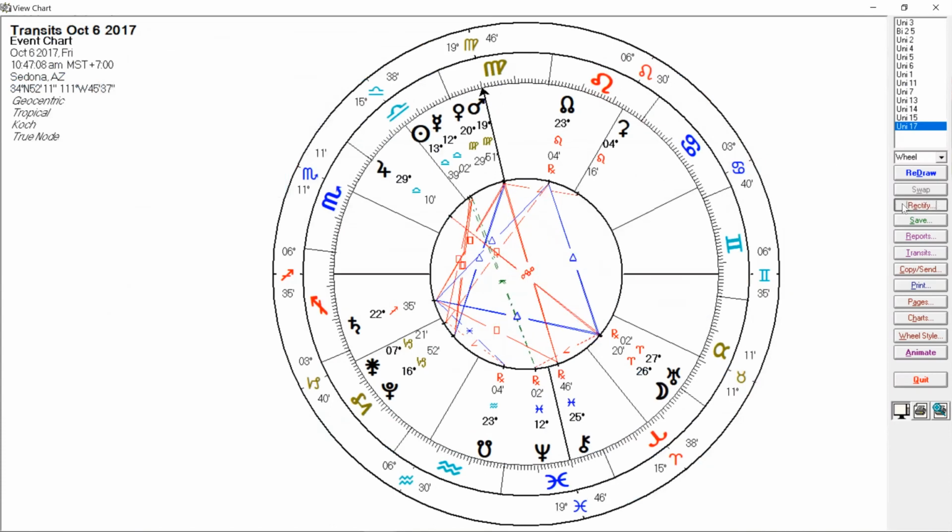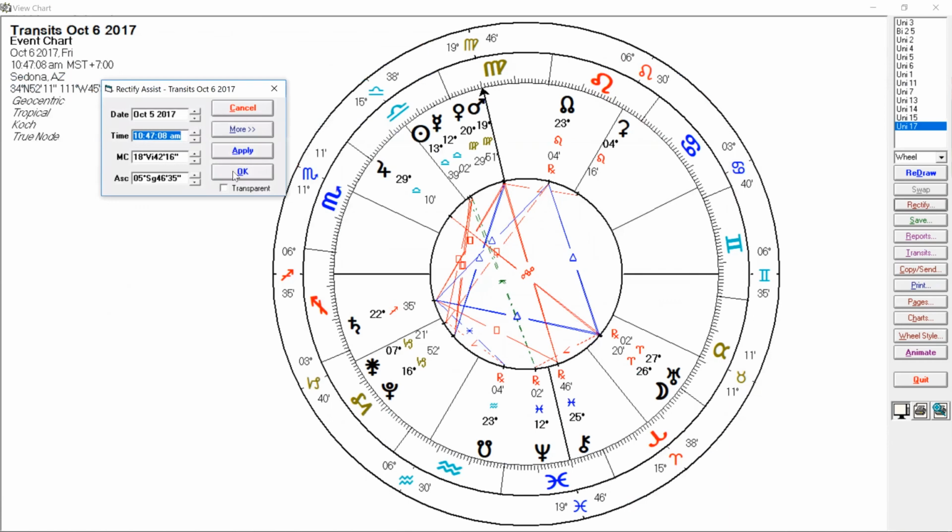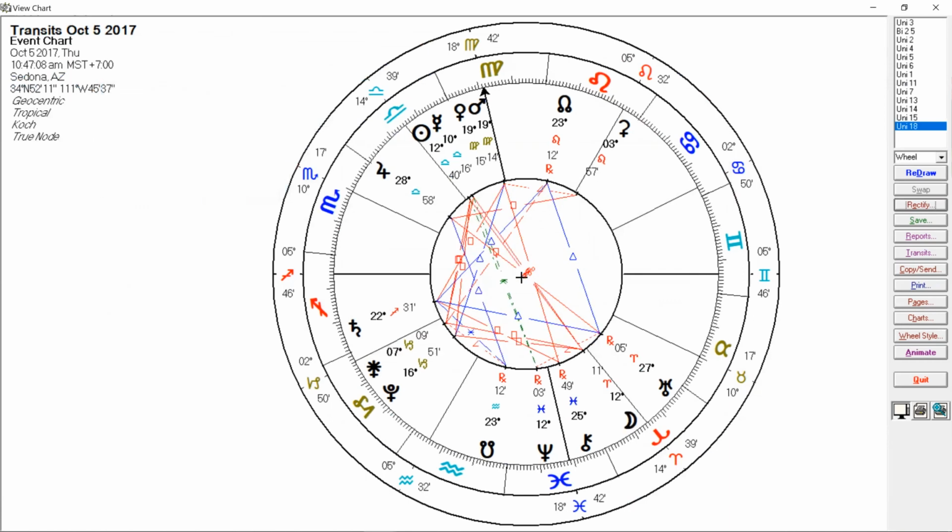So on October 5th, we had both a full moon and a new Mars-Venus conjunction at 19 degrees Virgo.